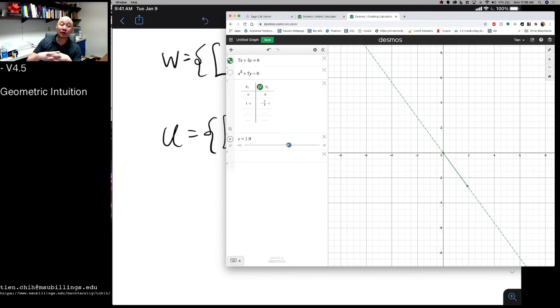Now, you have to still verify all of these things with the algebra, but the algebra we did in the other video is just confirming what our geometric intuition tells us here.